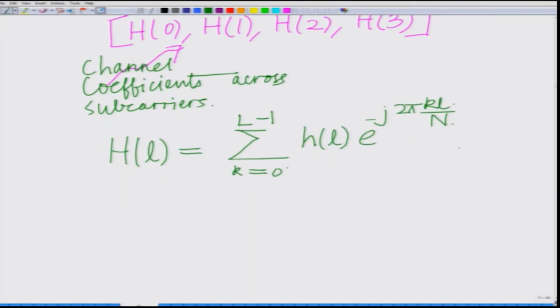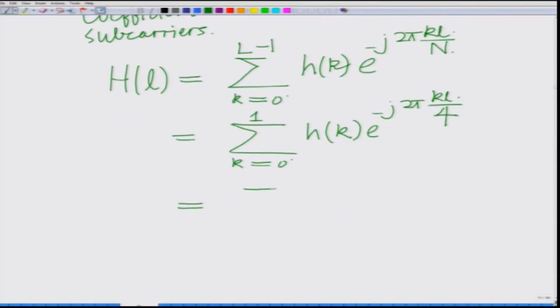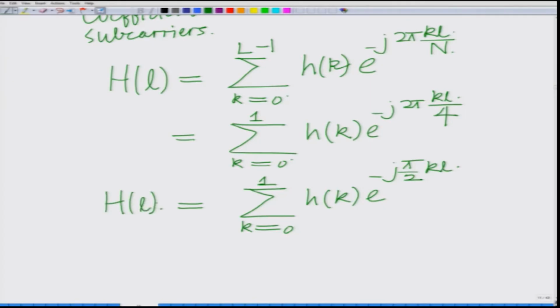In this case, L equal to 2, so k equal to 0 to 1, that is h of k e raised to minus j 2 pi k L divided by 4, which is basically equal to the summation k equal to 0 to 1 of h k e raised to minus j pi by 2 k L. This is your H L.